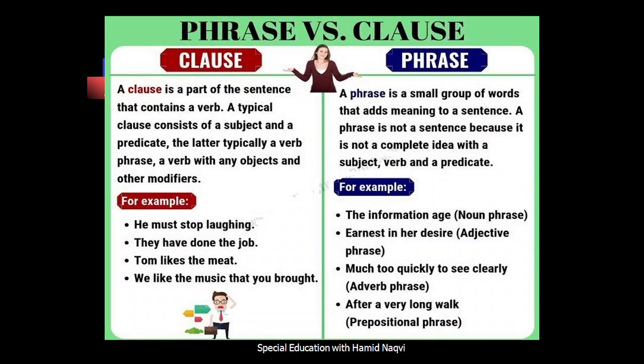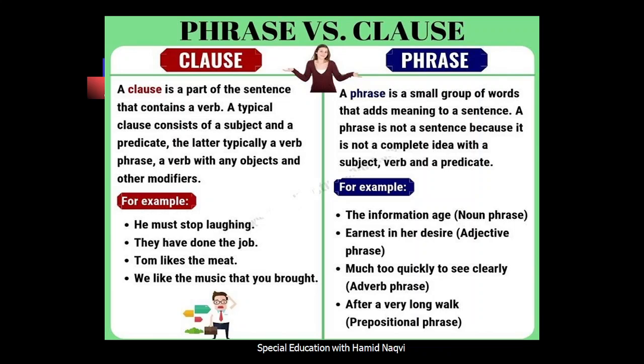To further distinguish between phrase and clause, because some of the students confuse clause and phrase, remember, a clause is something bigger than a phrase. In a clause, we have got a subject and a predicate, meaning it has got some subject plus some verb.